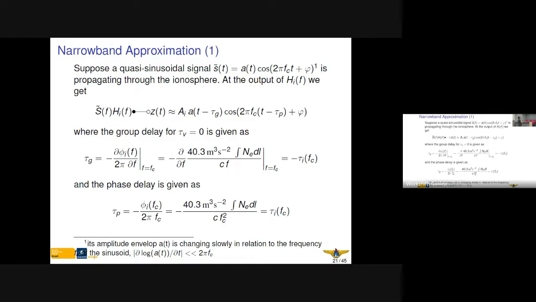If this is the case, at the output of the ionosphere transfer function we get S tilde of f times HI of f, so this is again the passband signal.